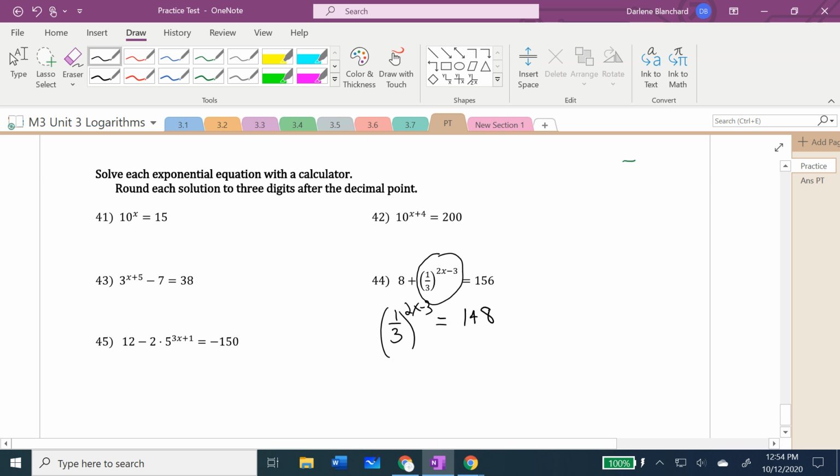And practice with your calculator. Make sure that you know how to use the base if you have the ability to use a base that isn't 10. And at this point, you log both sides. Use base 1/3 if you have that ability with your calculator.